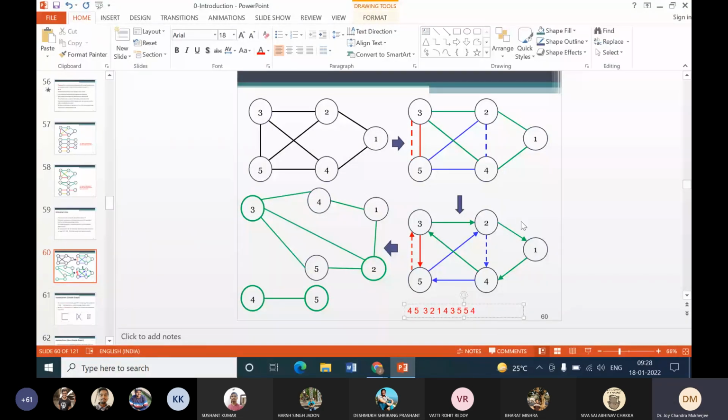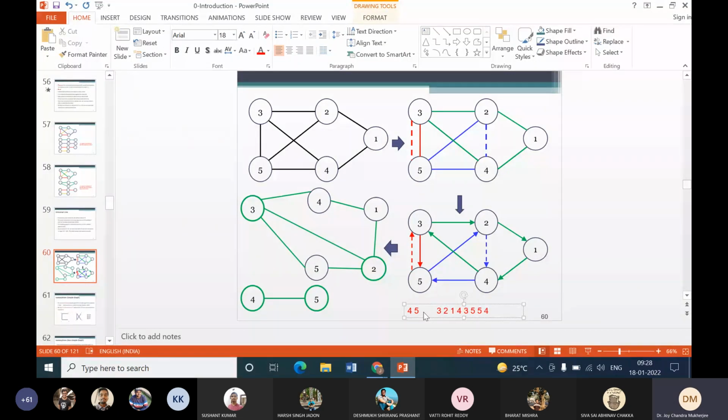Now in this tour, I know that these two edges are used, 5, 3 and 2, 4. Okay. So at that juncture, I need to break it. So I first go to 4, 5, then I go by 5, 3. 5, 3 ये edge actually original graph में नहीं है. So I will break it.